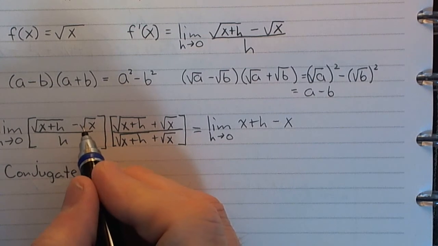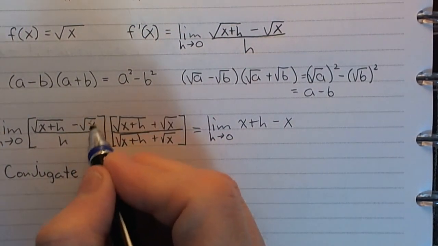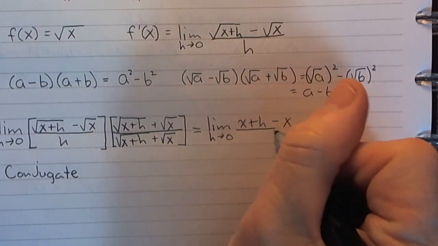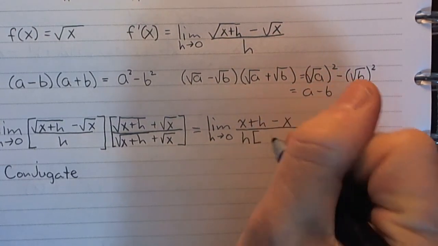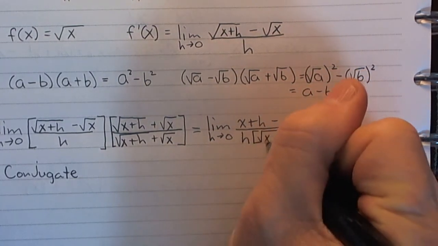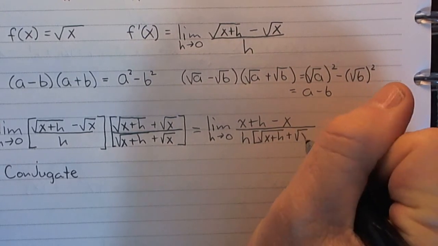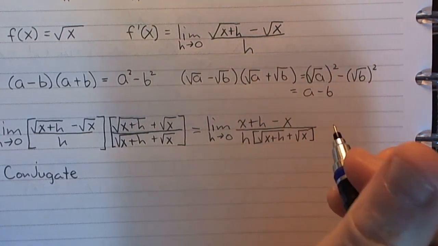The square of the square root of x is just x, like that. Now down here in the bottom we get something a little more complicated because we've got all this big mess down here. Not really too big of a mess, but it's not as nice as the top. Okay, so there's what we have.